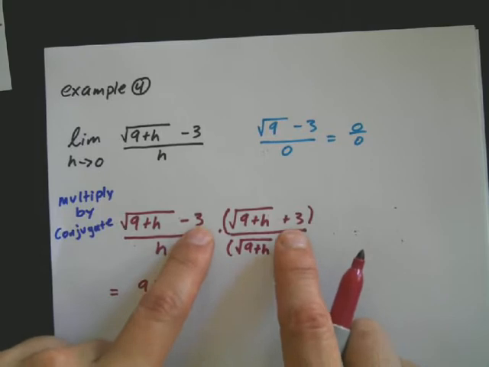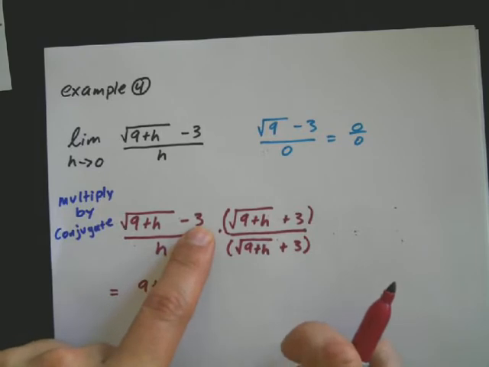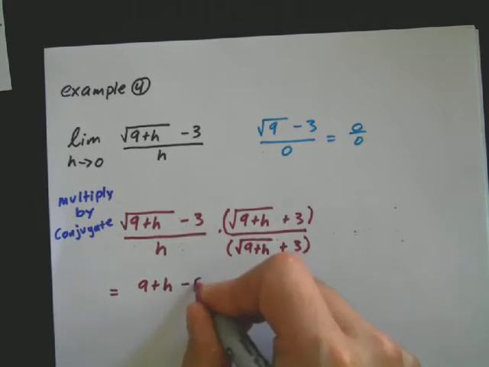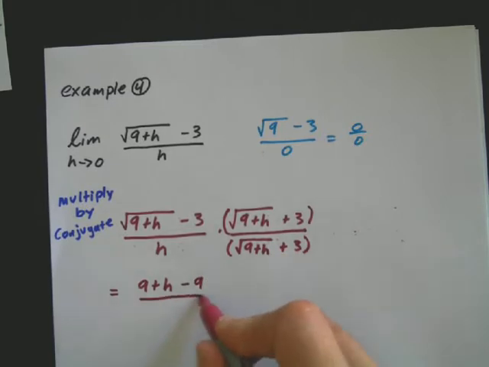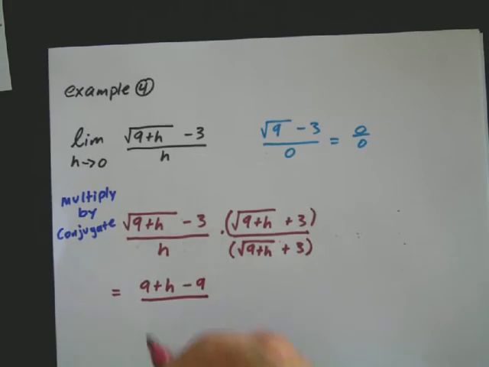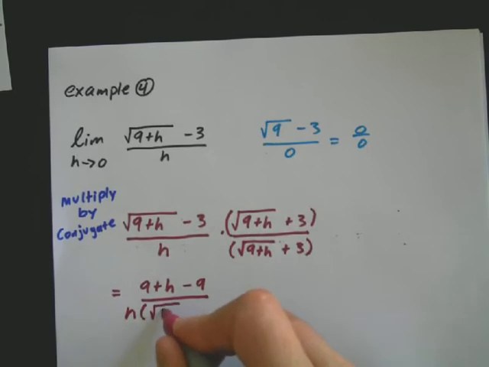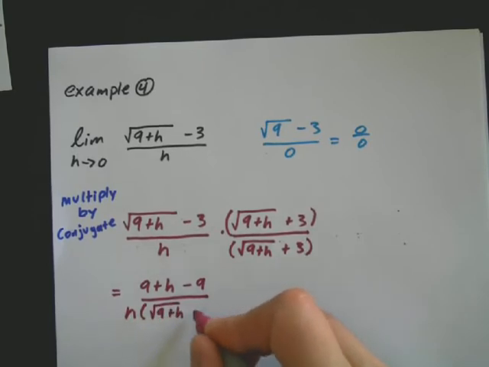And then the last part is multiplying a negative 3 times a positive 3, which gives me negative 9. On the bottom, I'm just going to keep this as h times the square root of 9 plus h, plus 3.